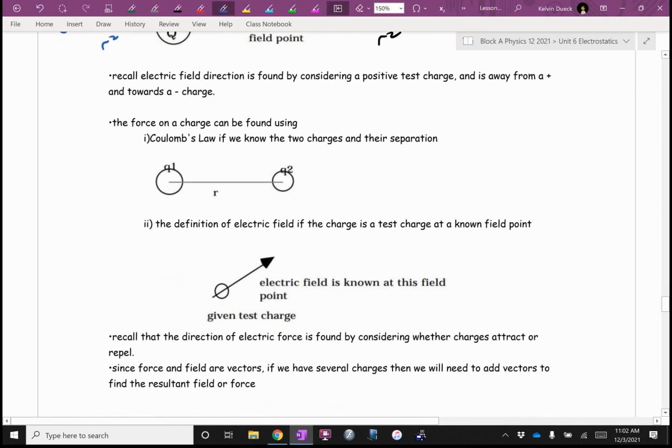F. We can find it by using Coulomb's law if we know both charges and their separation. That's really similar to Fg equals big G, big M, little m over R squared, or M1 M2 over R squared.